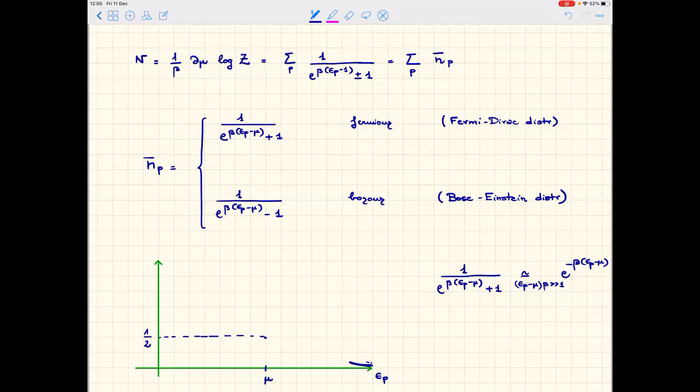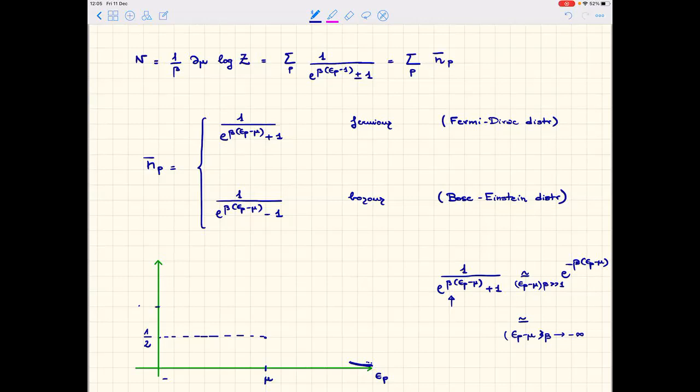Well, when epsilon_p minus mu is actually negative, so tends to minus infinity, on this side here, it tends to 1, right? Because this exponential goes to 0, and what I'm left with is 1.